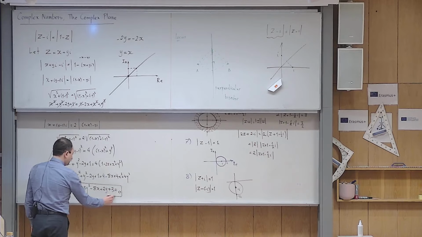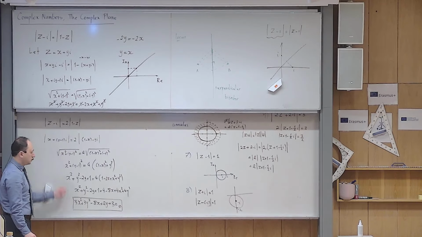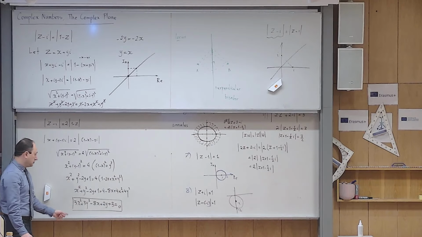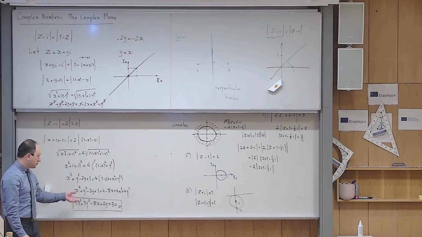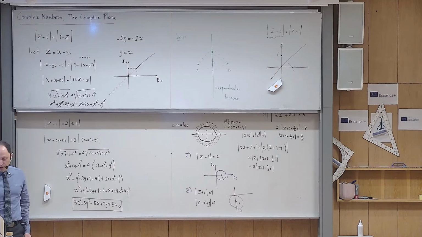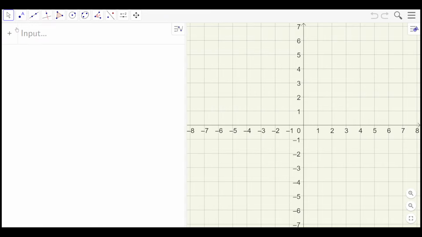So maybe they ask you the question, because you see here it is not hard. You get this one. But recognizing what shape this is, you haven't studied this before, so we can put it in GeoGebra, okay? So what do you expect that it will be?